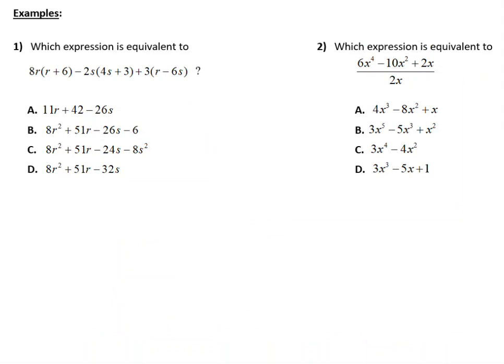Our first problem says which expression is equivalent to this. So the first thing I want to check is my expression has the variables r and s, not x and y. So we're ready to go ahead and go to Desmos.